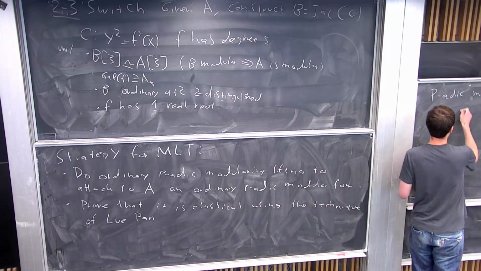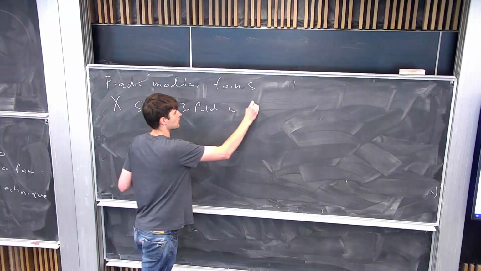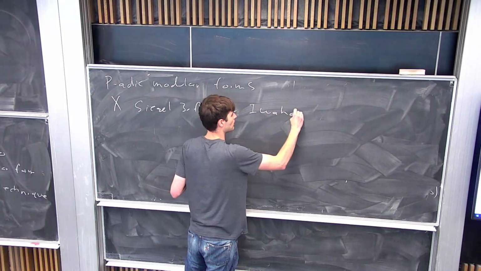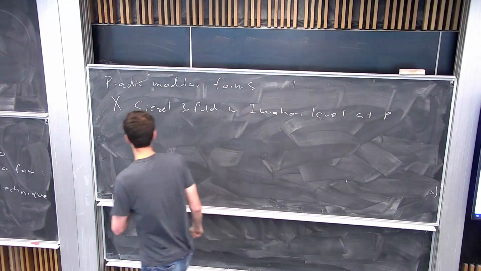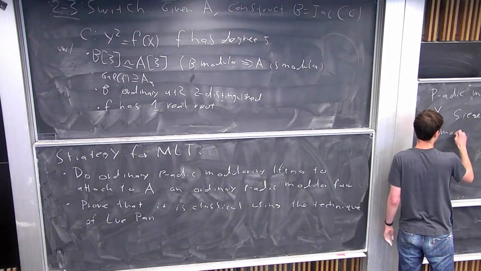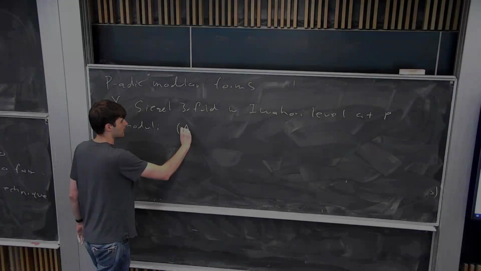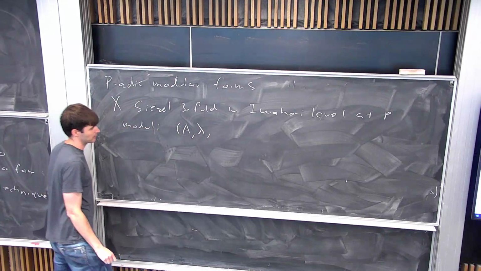And so X is going to be a Siegel threefold with Iwahori level at p. And so what that means concretely is it's the moduli of an abelian surface, say maybe a principal polarization or just a polarization of some fixed degree.